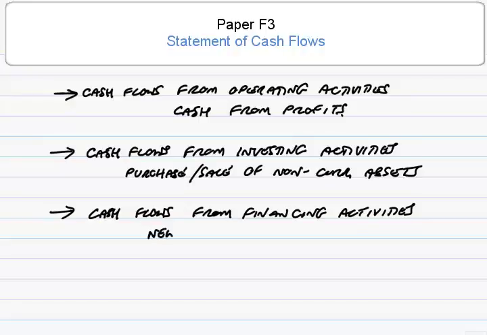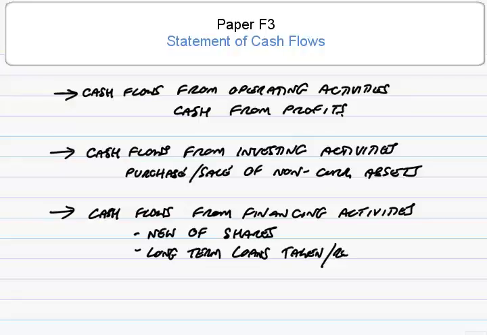So, new issue of shares. But the other place a company might raise long-term cash, long-term finance, is by taking a long-term loan. If a company takes out a long-term loan, they've more cash in the bank. Or similarly, when they come to repay the loan, they've less cash. And so, the other item is long-term loans. Either taken when you've received cash, or repaid, in which case you've paid cash.